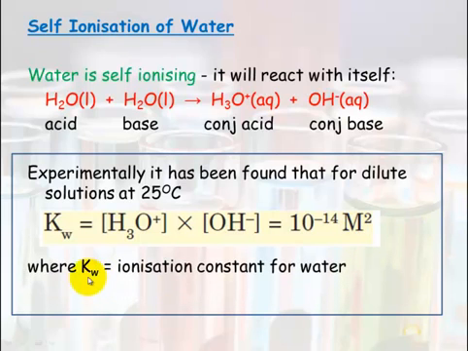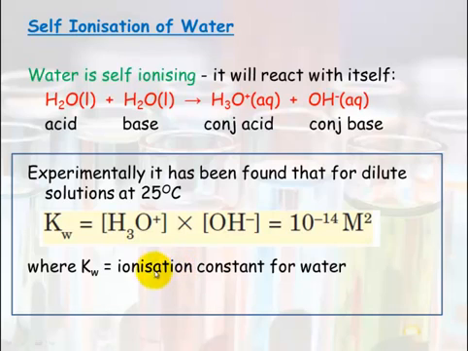And Kw here is the ionization constant for water. So, at 25 degrees Celsius, in any solution, the concentration of hydronium times the concentration of hydroxide will always equal 10 to the negative 14 molar squared.